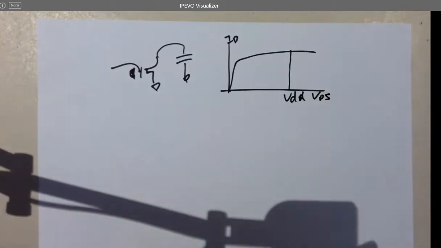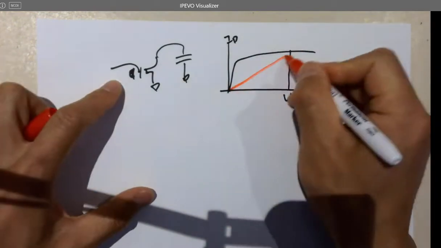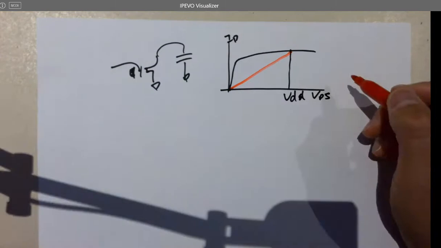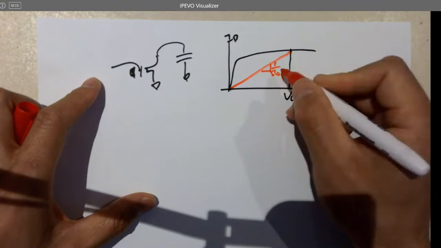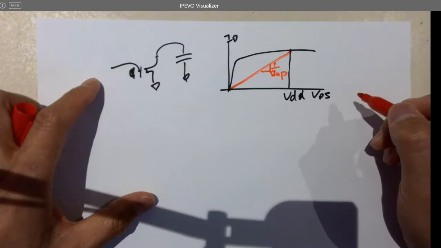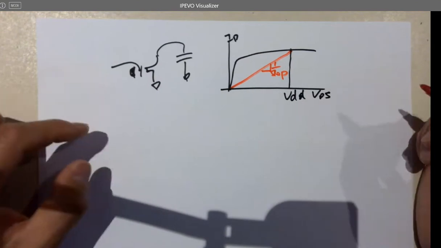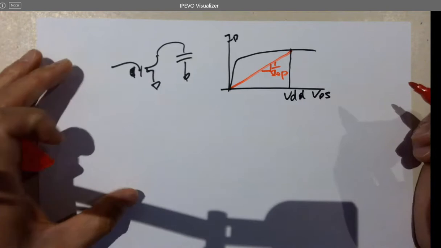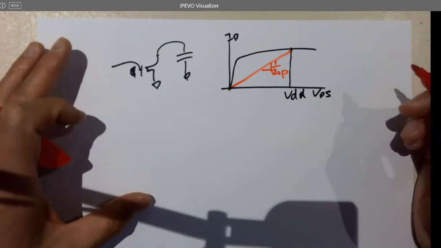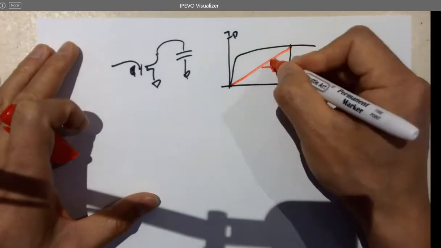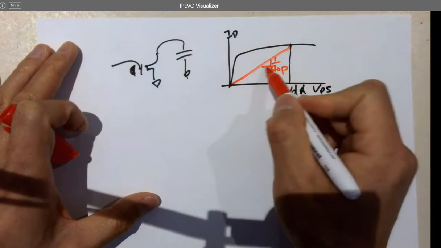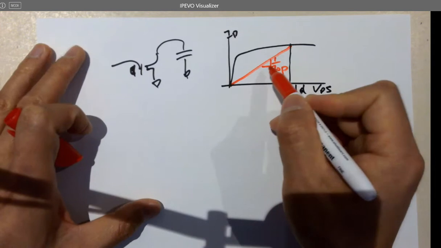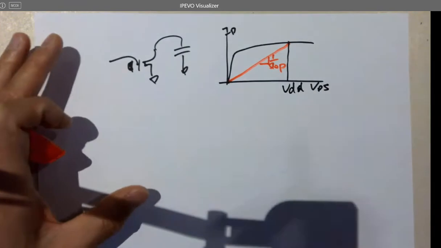But when you are modeling that, you can assume that here's a curve like that, and the 1 over slope will be the channel resistance, not accurately, but approximately. It's 1 over the slope. Why? Because the slope here, the delta Y is ID, the delta X is the voltage. So it has to be 1 over the slope.